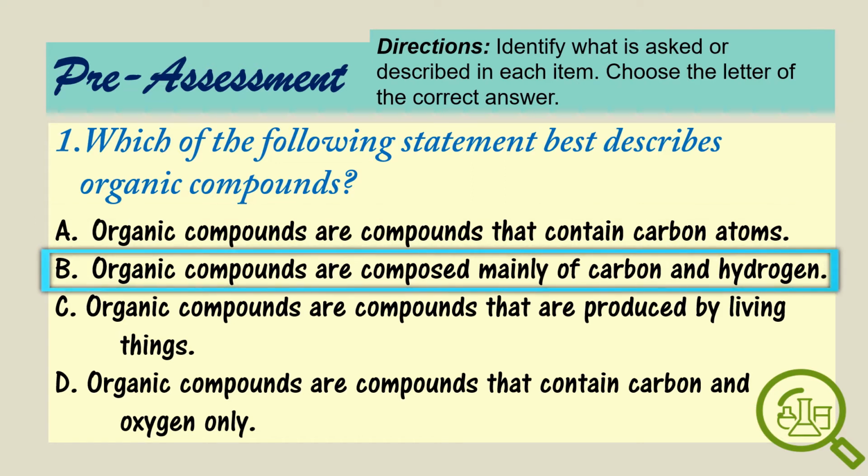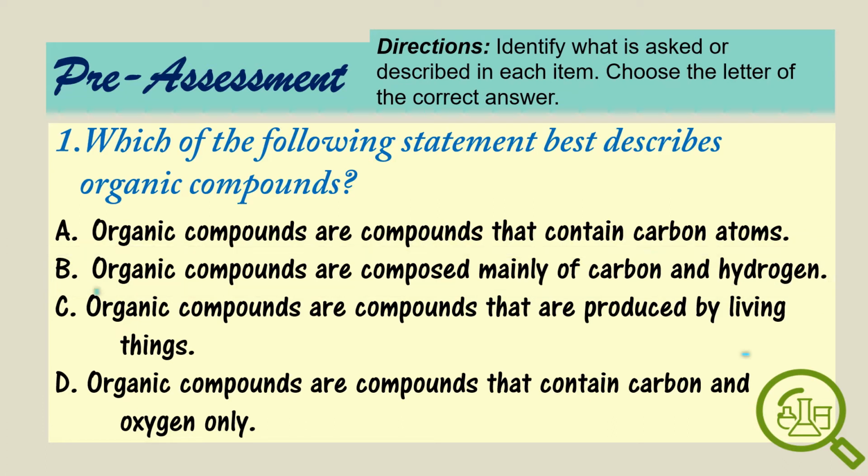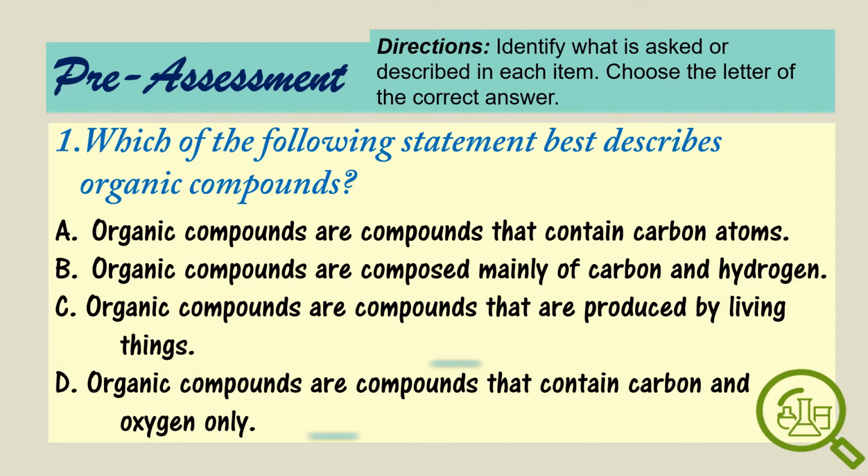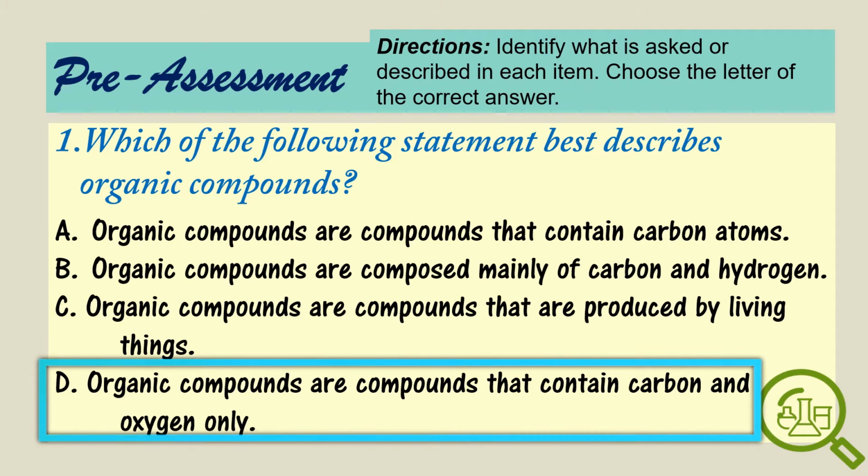Letter B. Organic compounds are composed mainly of carbon and hydrogen. Letter C. Organic compounds are compounds that are produced by living things. Letter D. Organic compounds are compounds that contain carbon and oxygen only.